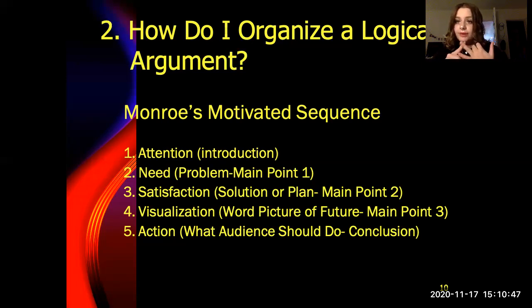What would it look like if we didn't choose your solution? And then lastly is going to be action. So what does the audience need to do for the conclusion? And this should all sound a bit familiar. This is essentially the Dewey problem solving report, but put in outline form for you to streamline that information.